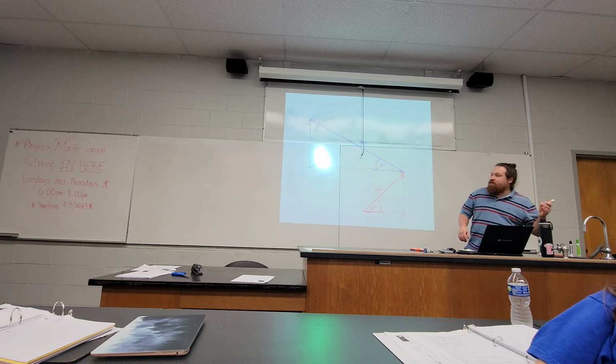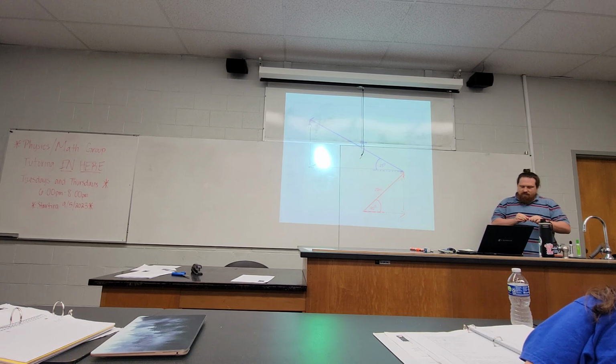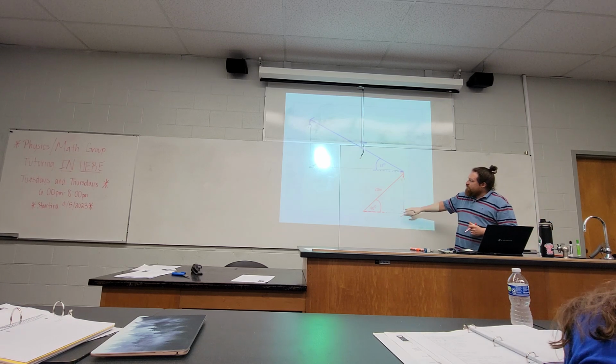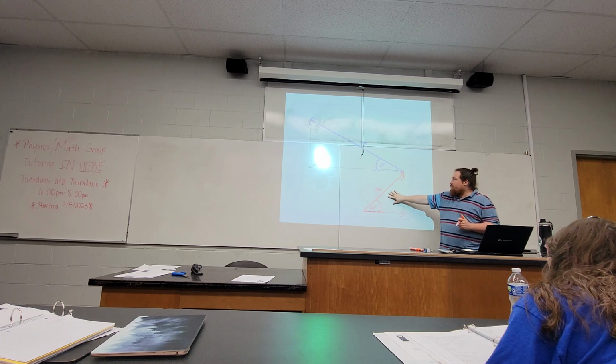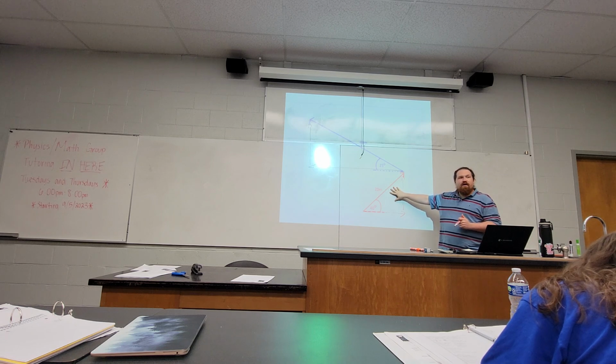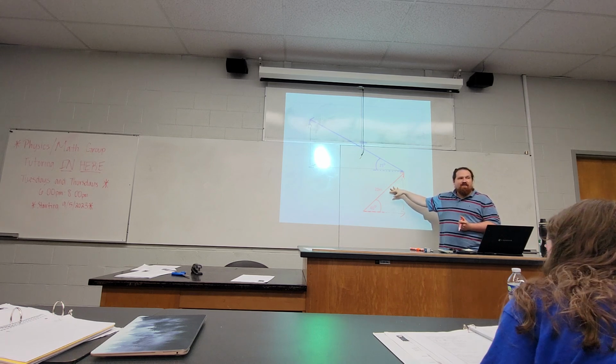Try to color code this. First, we've got 20 meters pointing at 40 degrees. How do we find the xy components of this vector?